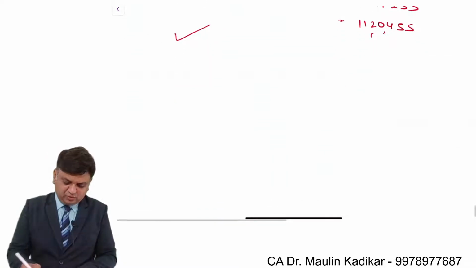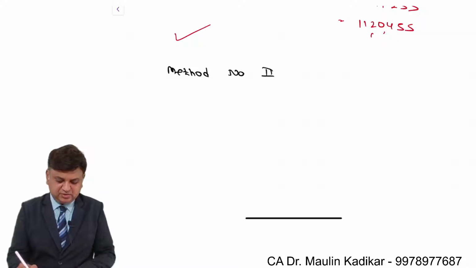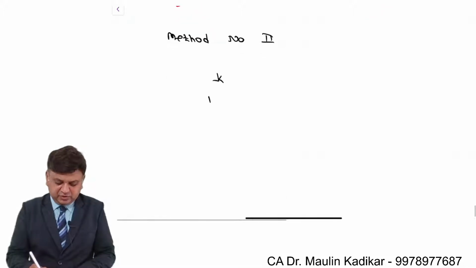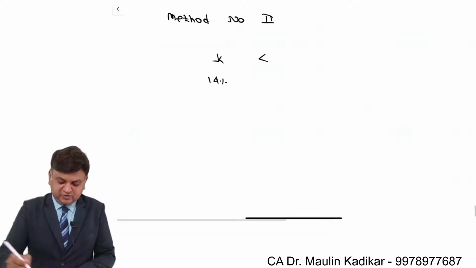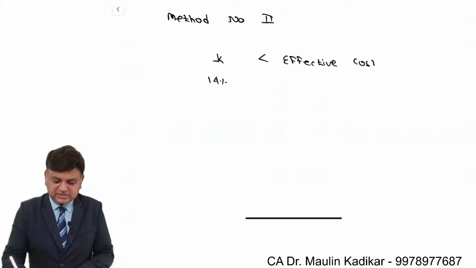And method number 2 is like this. Everybody is requested to pay attention. See, the cost of capital is 14%. It is less than effective cost of factoring. What is effective cost of factoring? It is 16.09%.